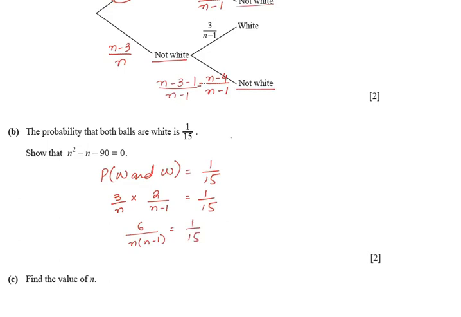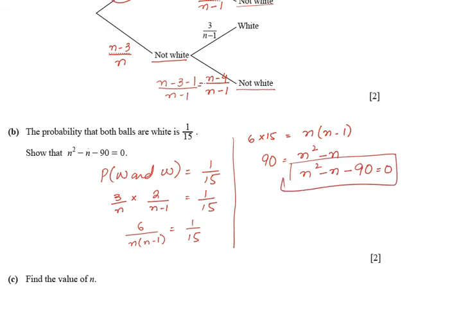Now if we cross multiply this, it will be 6 multiplied by 15 is equal to n into n minus 1. 6 multiplied by 15 is equal to 90, is equal to n square minus n. Now when we shift this 90 to the right hand side, n square minus n minus 90 is equal to 0. So we have got the given equation.